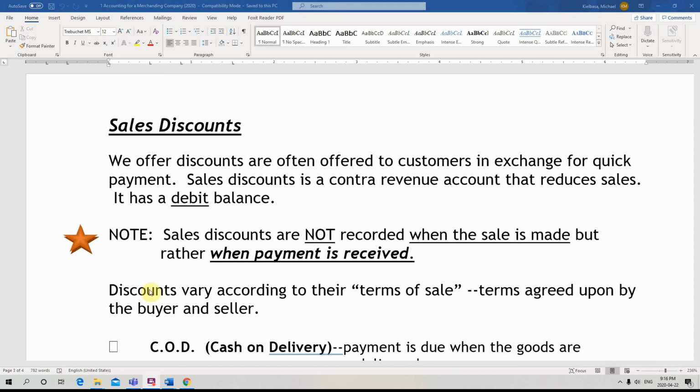So discounts vary according to their terms of sale. Terms of sale are basically terms agreed upon between the buyer and seller. And there's different types of terms. Okay, one type is COD, and sometimes you see this on infomercials, and they say no CODs, please.